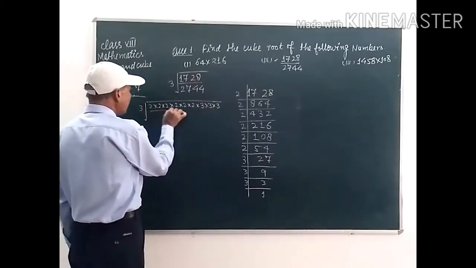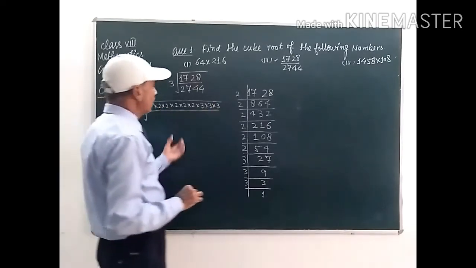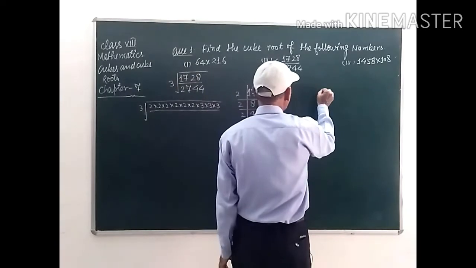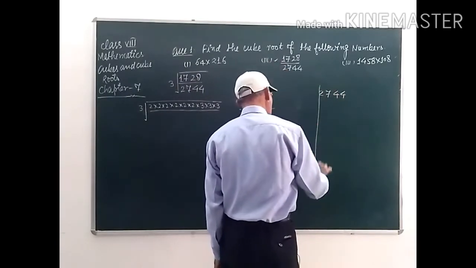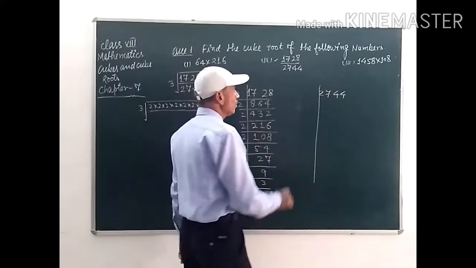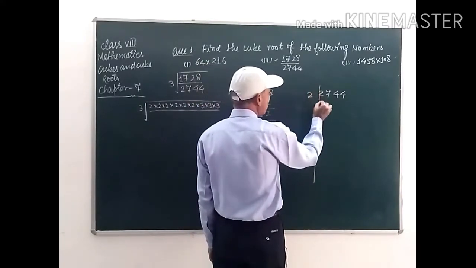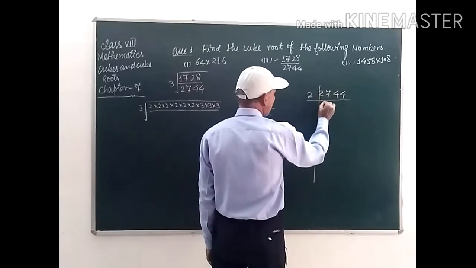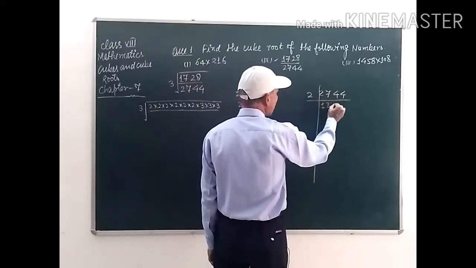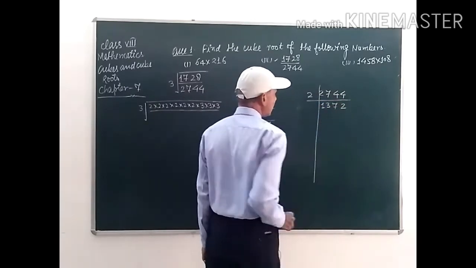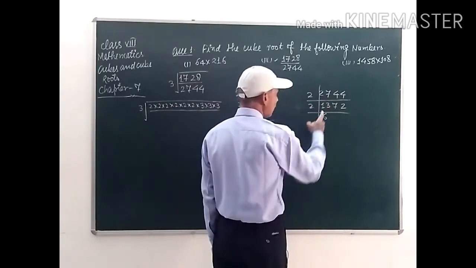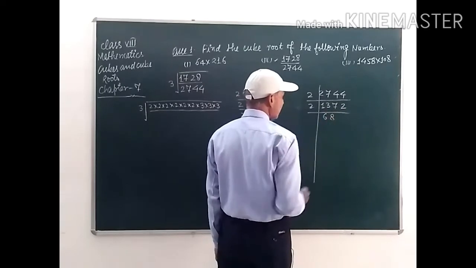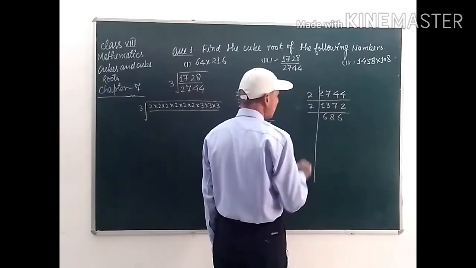Okay, and for the denominator, find the prime factors of the denominator, that is 2744. Okay students, divide it by 2: 2 1s are 2, 2 3s are 6, 2 7s are 14, and 2 2s are 4. Again by 2, 2 6s are 12, 1 7, 2 8s are 16 and 2 6s are 12.